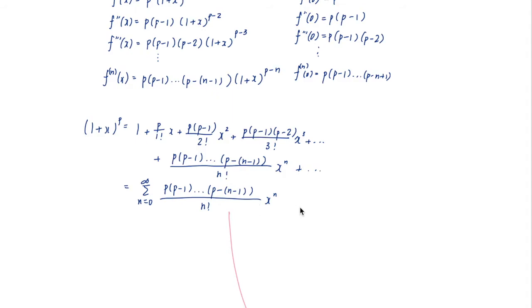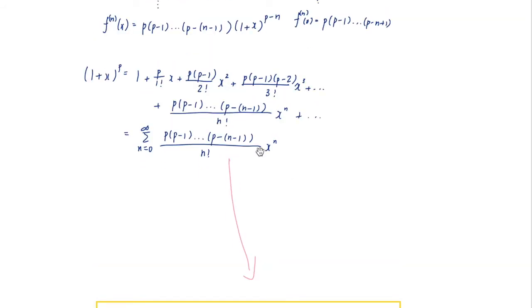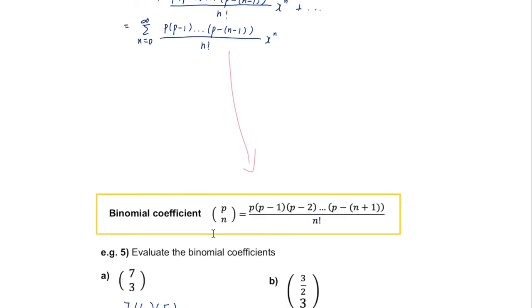Well, this is actually the most powerful thing that will help you to replace what you have to memorize, because this is the most general form of a binomial series that you can get. And if you look at this p times p minus 1 blah blah blah over n factorial business, it may remind you of this choose notation, right?